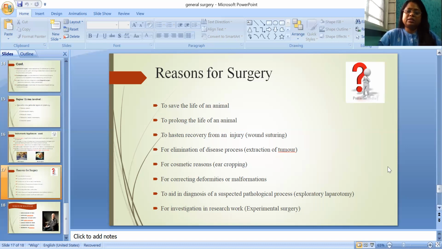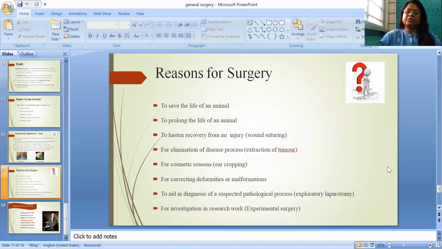And another is to hasten recovery from an injury. If there is a fresh wound, and there is no infection in the wound, then you can suture that wound for early recovery or early healing of the wound, right?